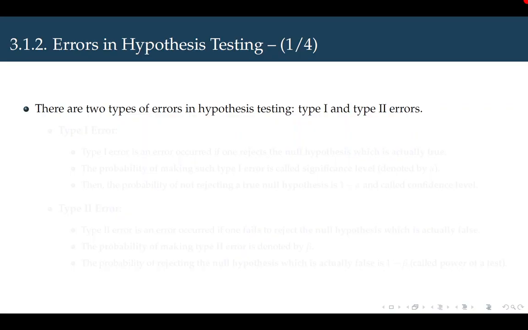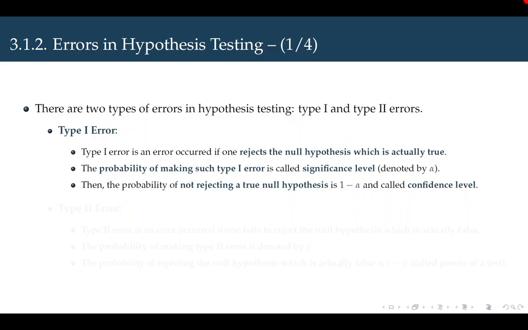Now let's consider errors in hypothesis testing. There are two main types of errors in hypothesis testing. One is called type 1 error, and the other type 2 error. The type 1 error is an error that occurs if one rejects the null hypothesis which is actually true. Or in other words, rejecting a true null hypothesis is said to be type 1 error.